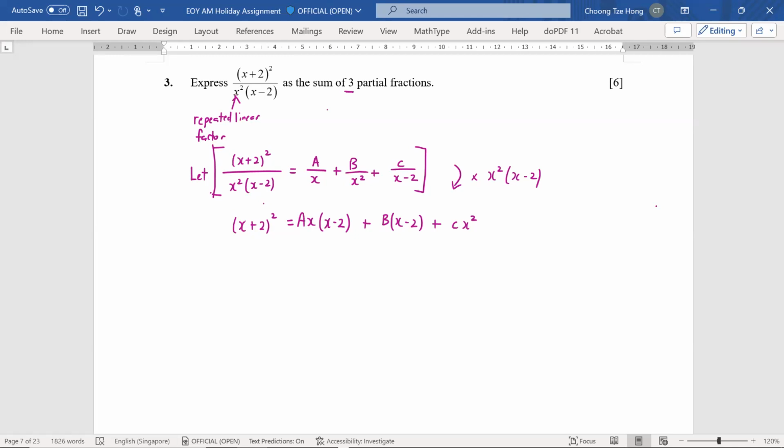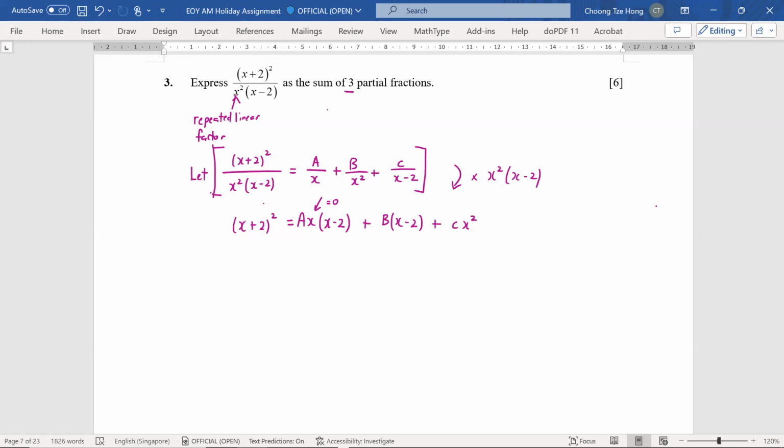Because if you let x be 0, then you have a times 0 times (0 − 2). Anything times 0 is going to be 0. As long as one term in the product is 0, the whole thing becomes 0. So in this case, a will be gone, c will also be gone because c is cx². If you put x to be 0, it's c times 0², so c is gone.